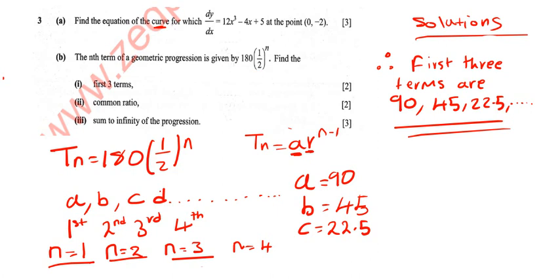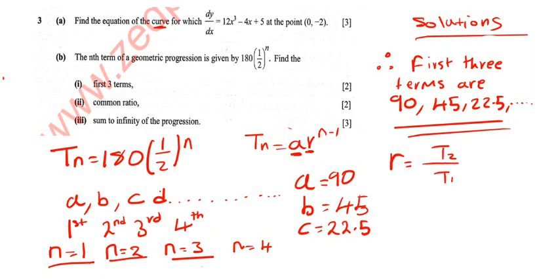Now the second question is saying find the common ratio. So how do you find the common ratio? We know that the common ratio is represented by small letter r. So common ratio is given by t2 over t1.